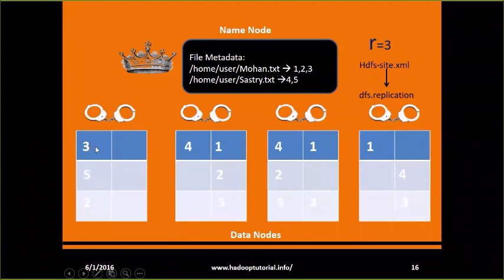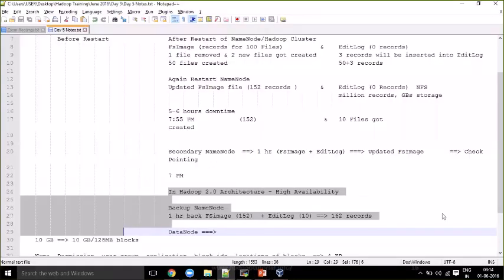And block 3 is copied onto D1, D3, and D4. So at max one copy of a block in one data node. That is one rule that you can easily understand.